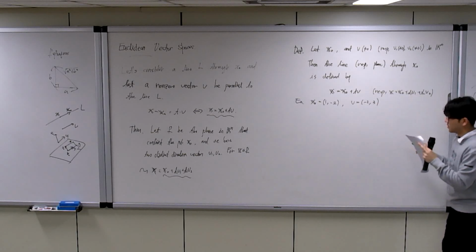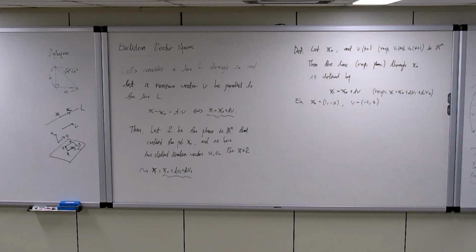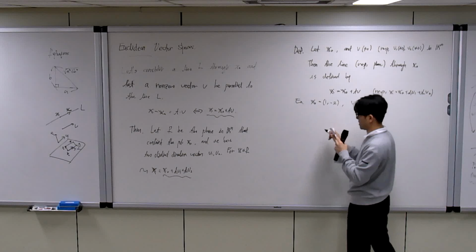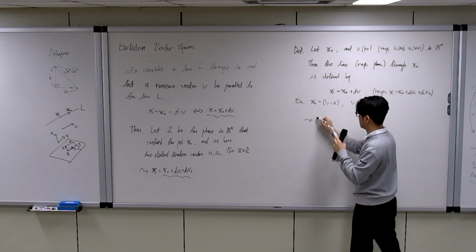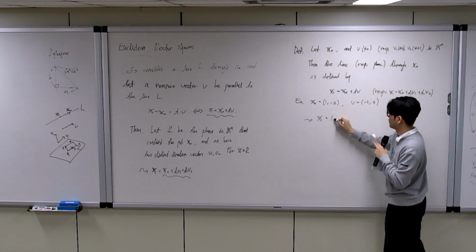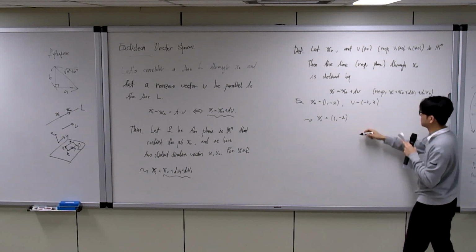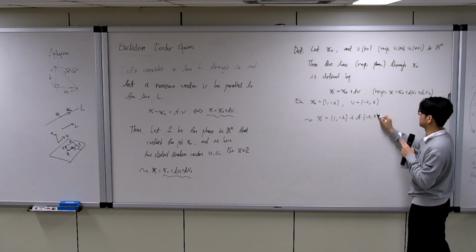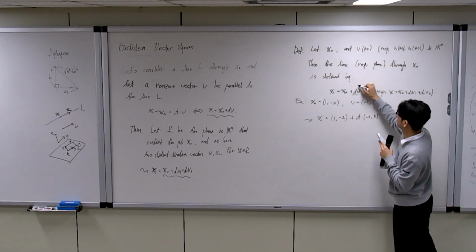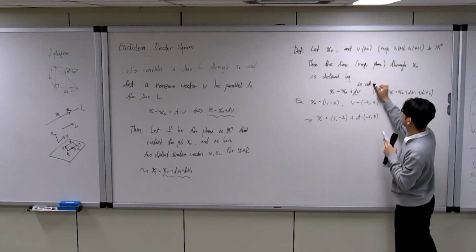Then it will give the line, and the line will be written as x equals (1, -2) plus t(-2, 3), and this t is called the parameter.